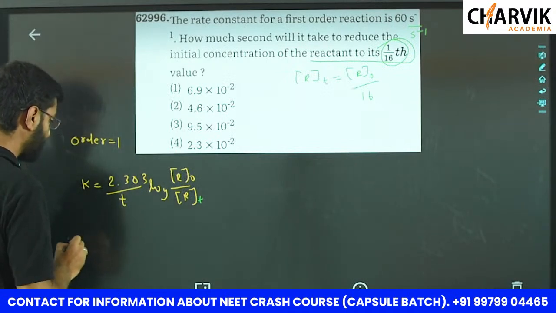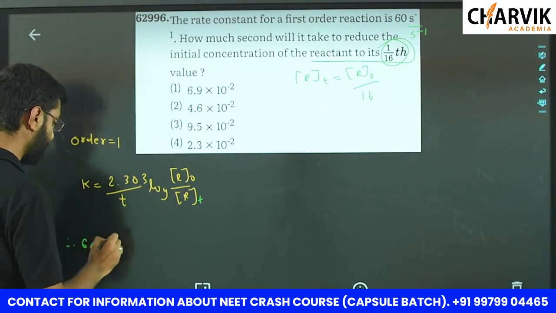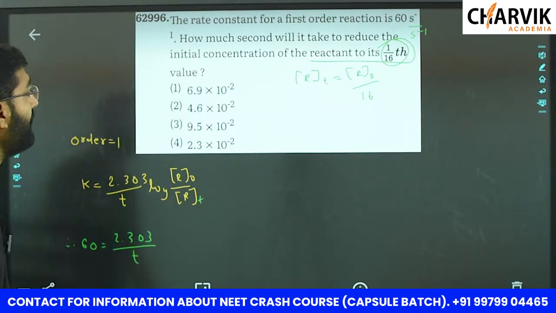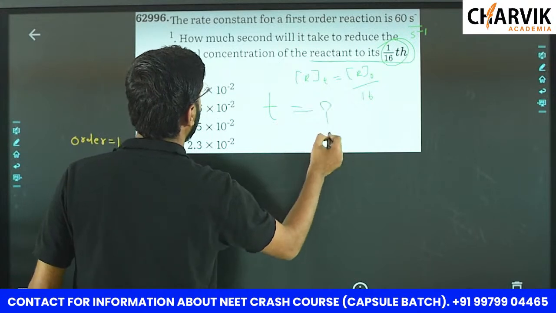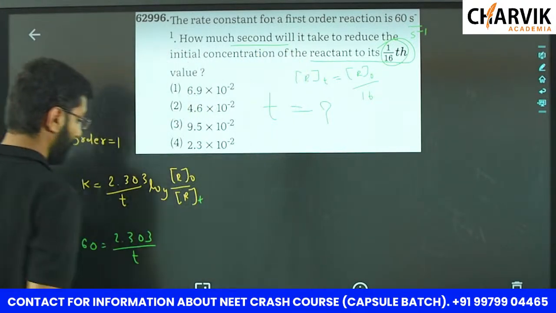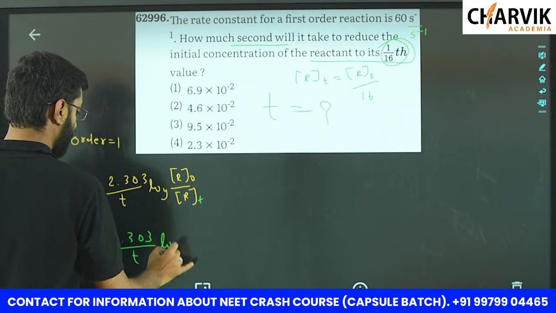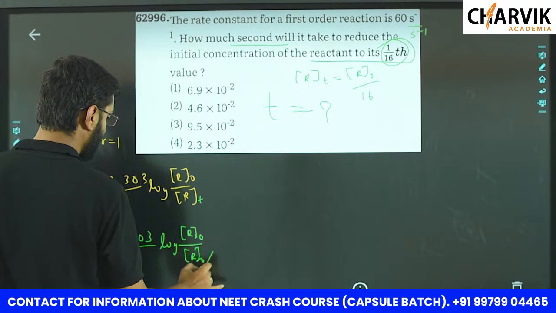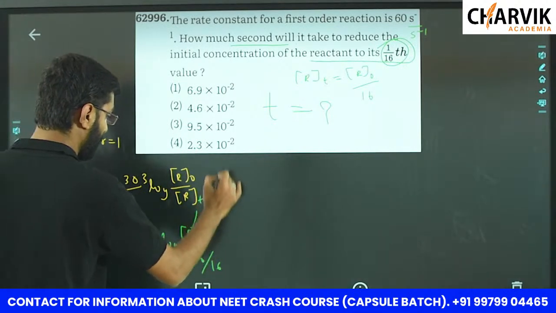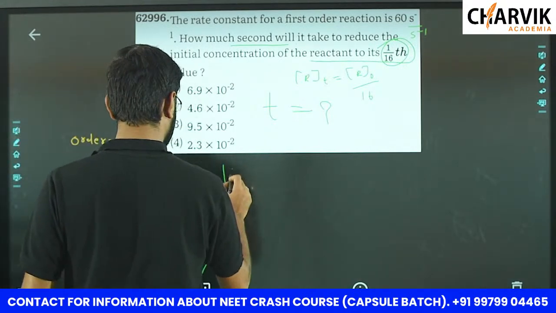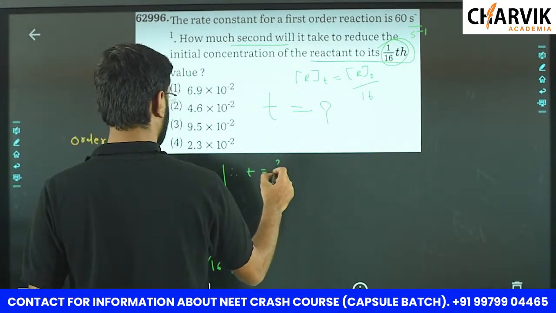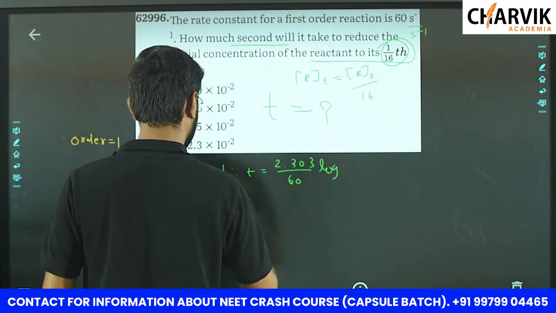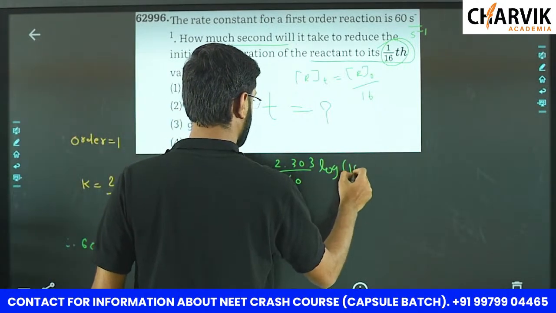Now by using this equation, K equals 60, 2.303, we have to calculate time. Log R naught by R naught by 16, R naught will cancel and your answer T equals 2.303 upon 60 log 16, right?